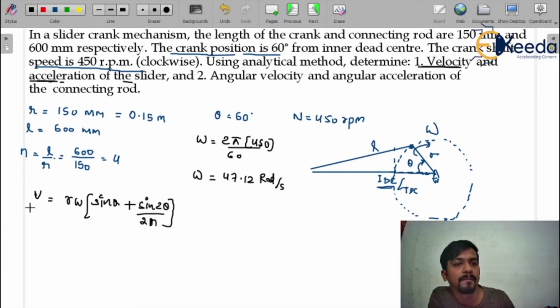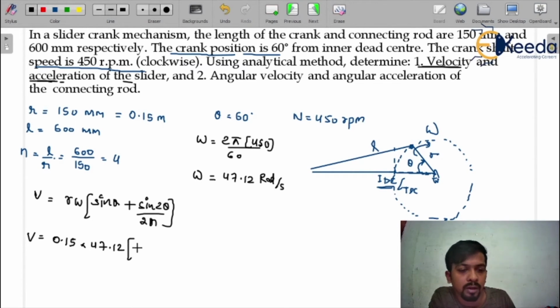Now, what is the value of R? That is the radius, which is 0.15 meter, because I want to calculate velocity in meter per second. So that's why I'm putting the value of the radius in meters. And what is omega? That is 47.12. Then sin 60 degree plus sin 2 theta, meaning sin 120 degree, upon 2n. 2 multiplied by the n value we have calculated, that is 4.